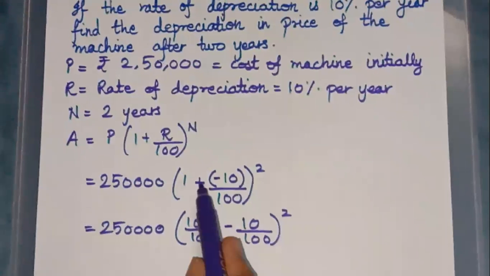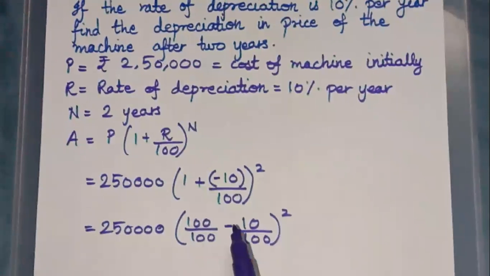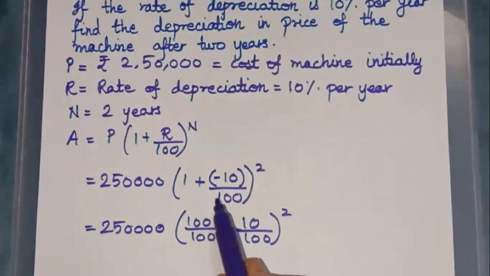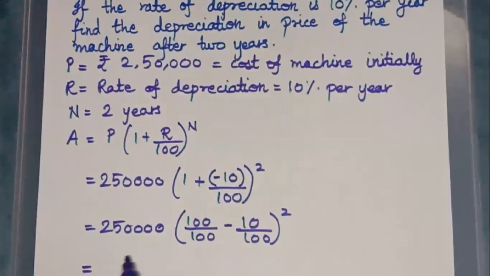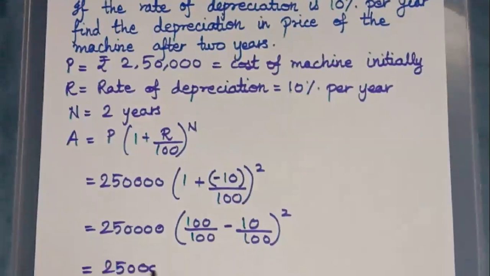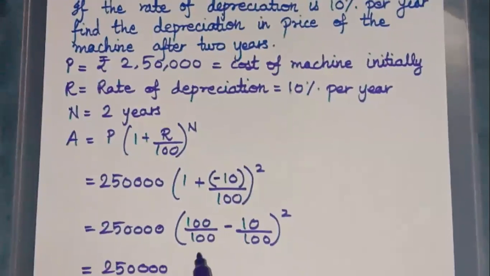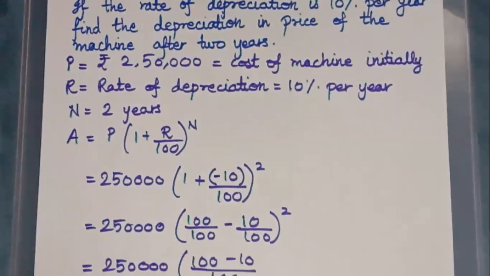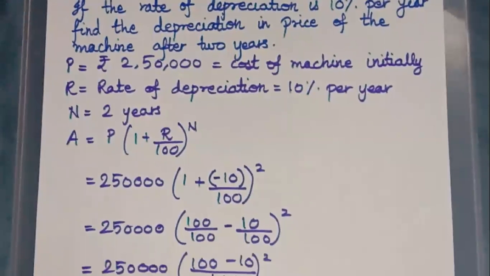I am simply opening up the brackets by making these two signs as one sign. So plus minus becomes minus. So here you have 2,50,000 into 100 minus 10 upon 100, square.